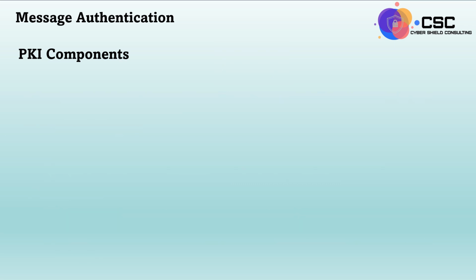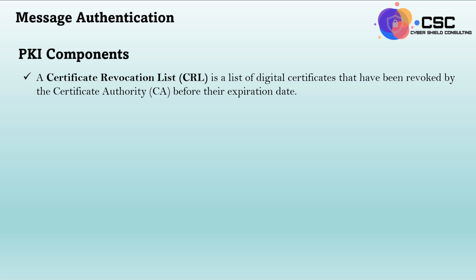In public key infrastructure, ensuring that certificates remain valid and trustworthy is crucial. But what happens if a certificate is no longer secure and should not be trusted? That's where the Certificate Revocation List, or CRL, comes in. A CRL is a list of revoked certificates that the certificate authority has invalidated before their expiration date.